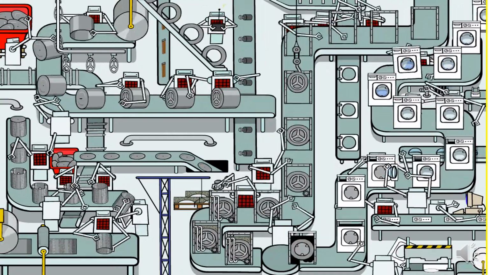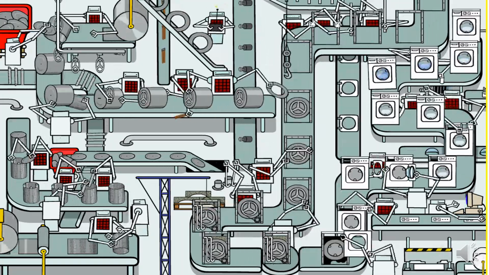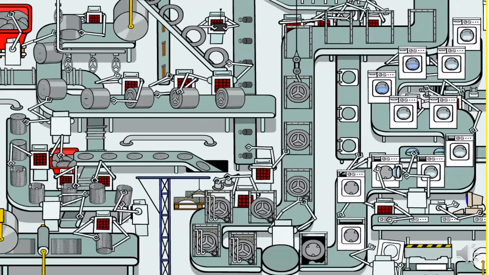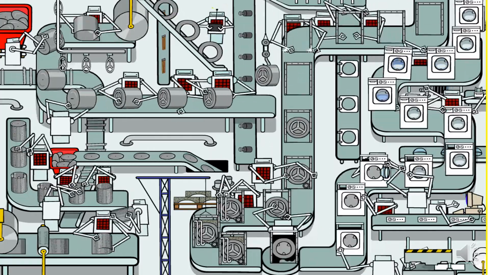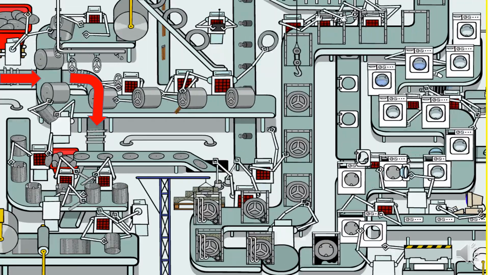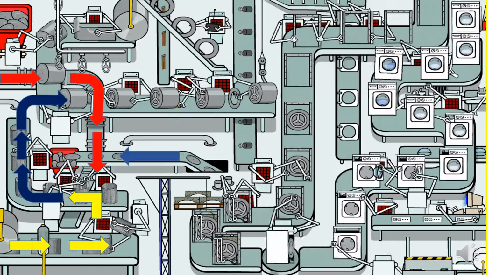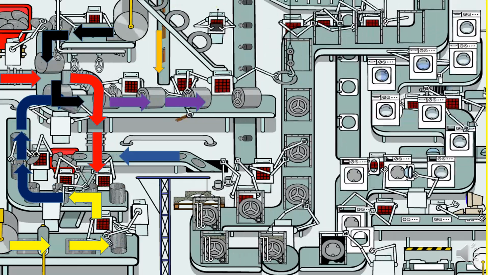Let us move to the second part, the individual process. We saw the main process, but now it's time to go deeper to understand the individual process. I have given colors to small processes which work with each other to form the washing machine.